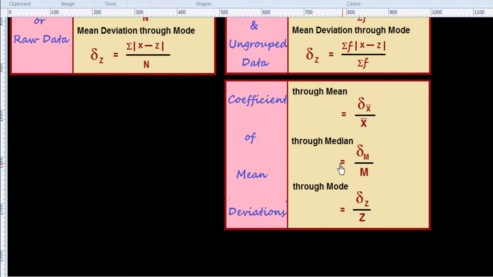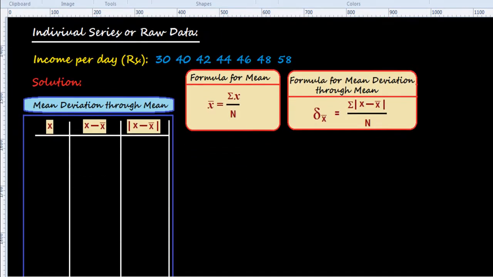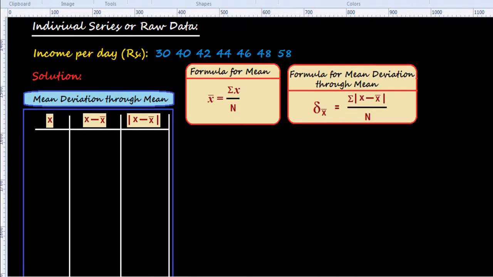Through median, it is equal to delta m over m, and through mode it is equal to delta z over z. So in this way we can easily find the coefficient of mean deviation, which is a relative measure of deviation. Now we look at one example.